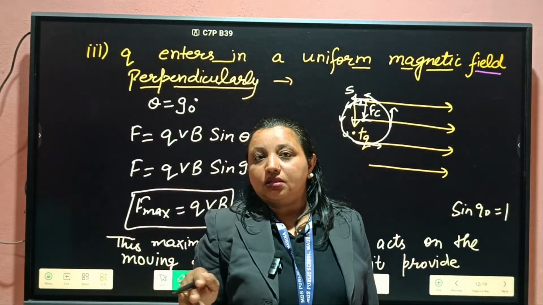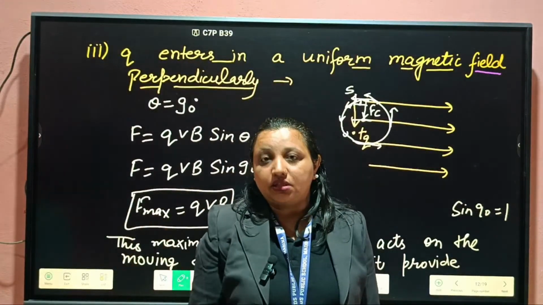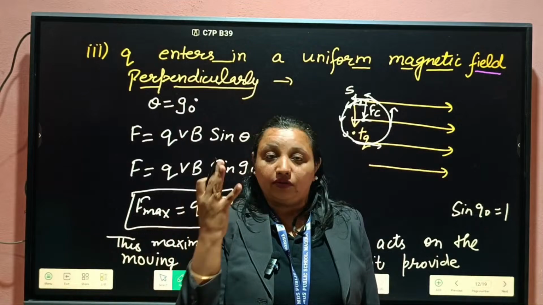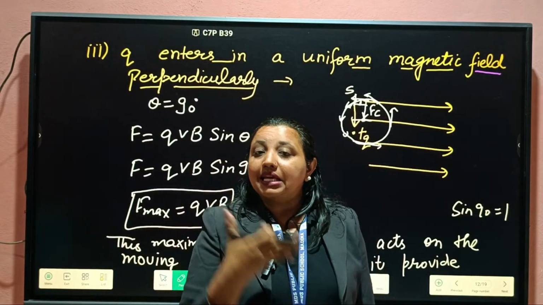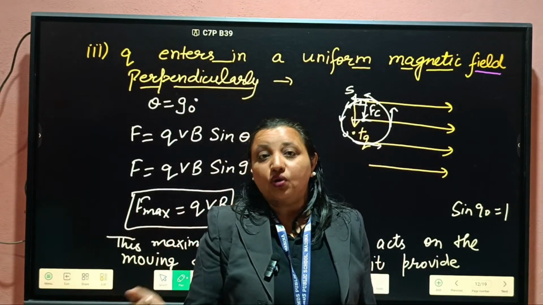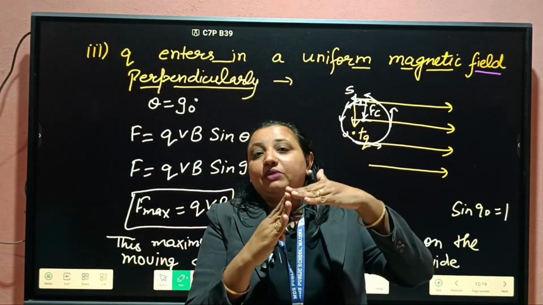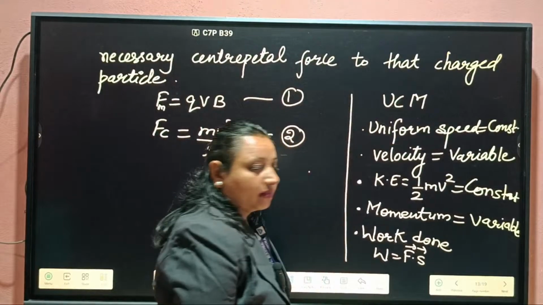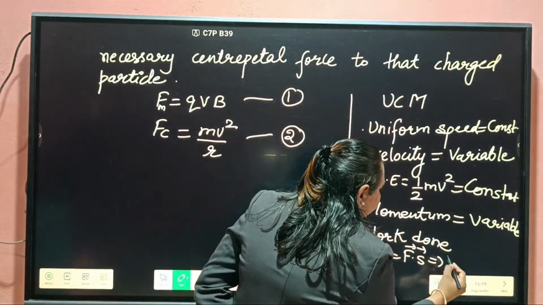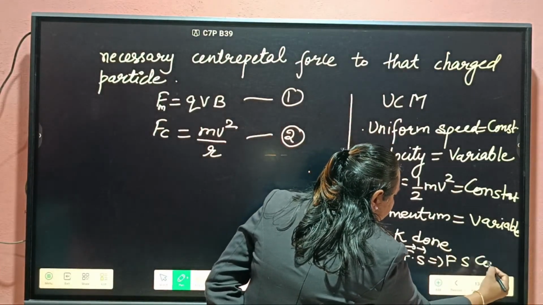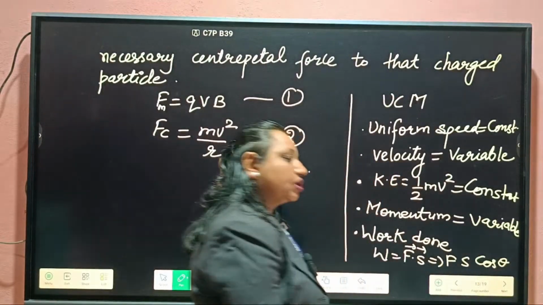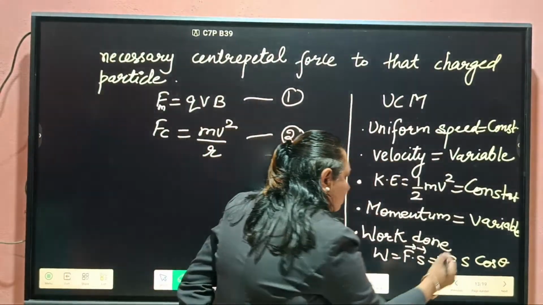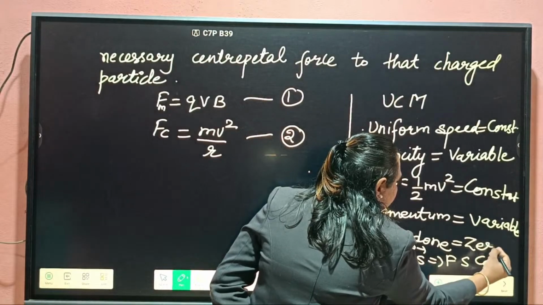So yesterday also we have discussed कि जितनी भी circular motion वाली चीजें होती हैं, the objects which follow the circular motion, they have zero work done because the angle between the force and the displacement is 90 degree, and we have work done is equal to FS cos theta, ठीक है, FS cos theta, so theta is equal to 90 degree, that's why work done is equal to 0.